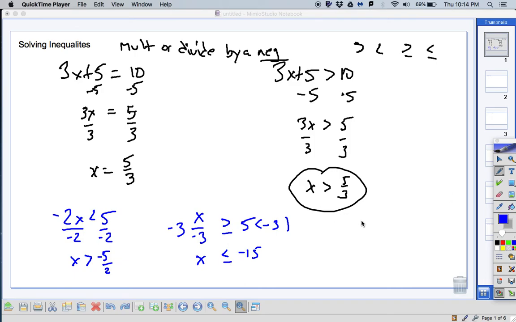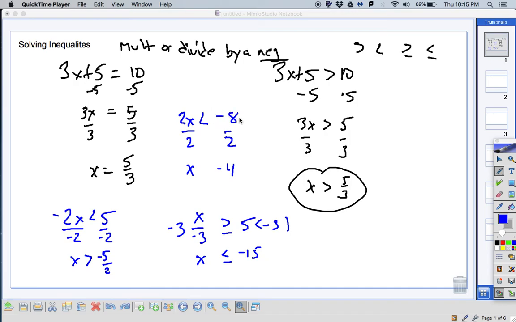Now there's a couple cases I wanted to show you that sometimes we run into that aren't necessarily the same, and that's something like this. If you have, let's say, 2x is less than negative 8, and you divide both sides by 2, you get x, and then over here you're going to get negative 4, and two things come up.